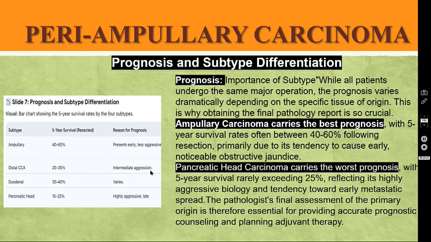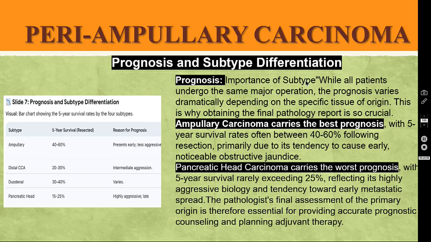It is intermediate aggression. The duodenal carcinoma 5-year survival rate is 30 to 40%, and in pancreatic head carcinoma, the 5-year survival rate is 15 to 25%. This is a highly aggressive tumor.